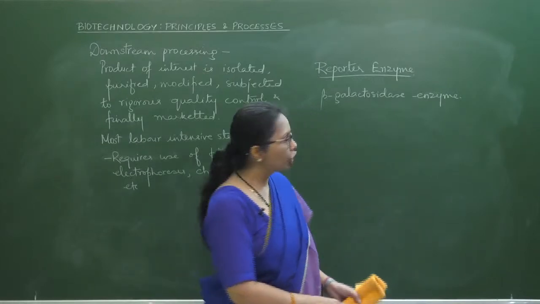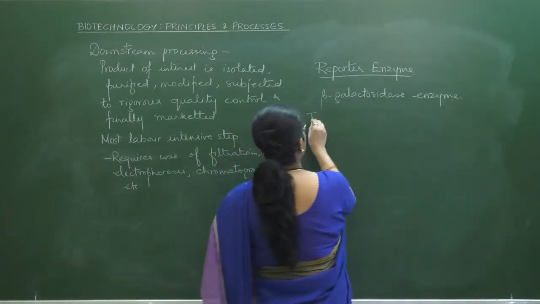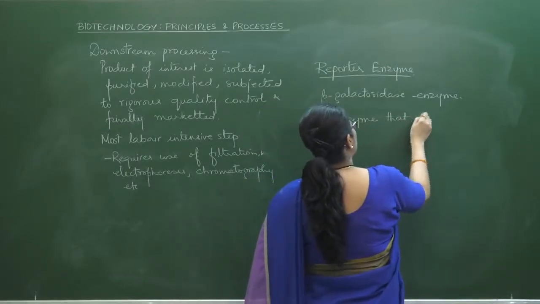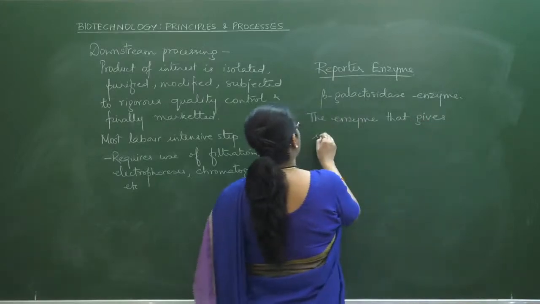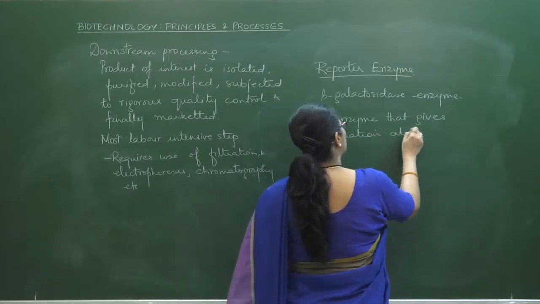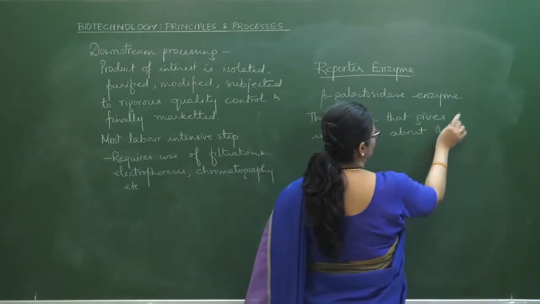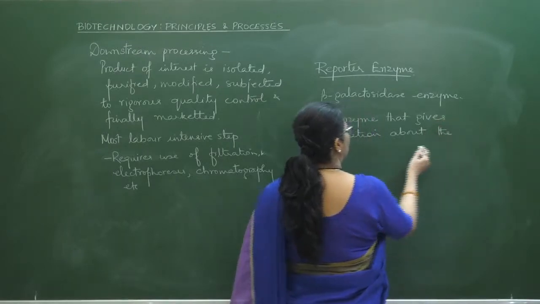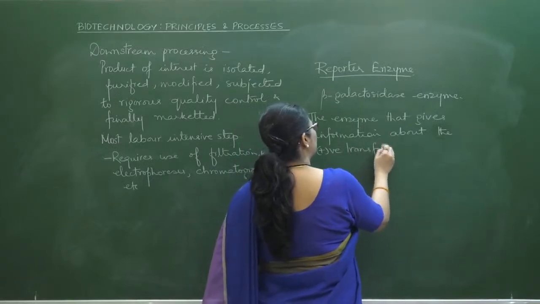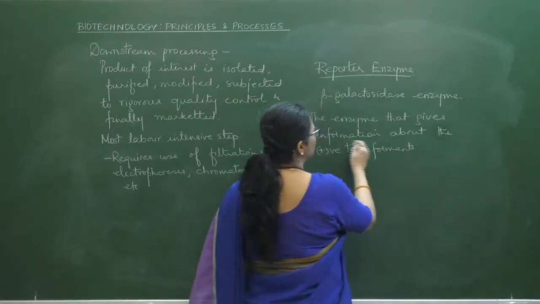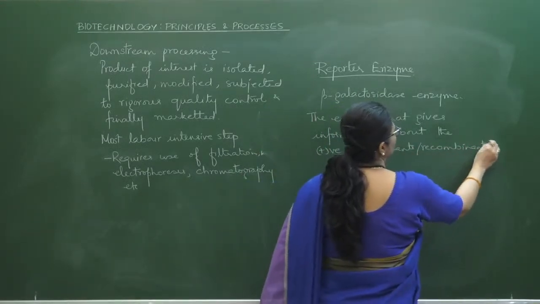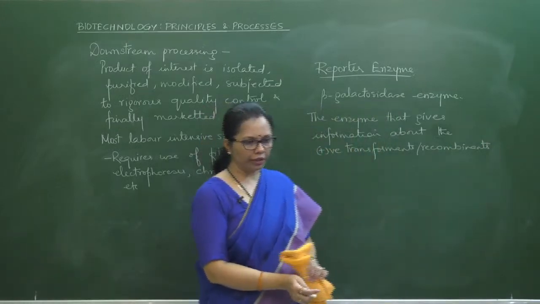As simple as that. So reporter enzyme, the enzyme that gives information about the positive transformants, and for positive transformants we can use the term recombinants, that is called reporter enzyme.